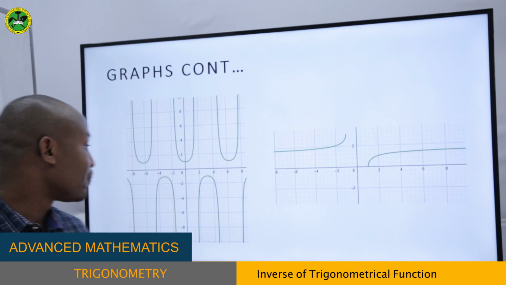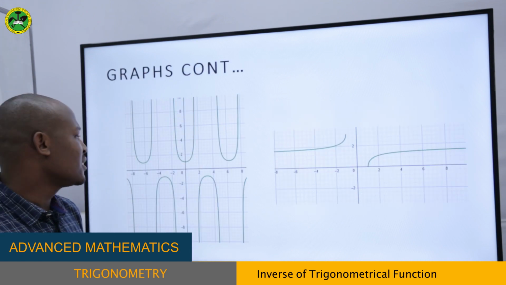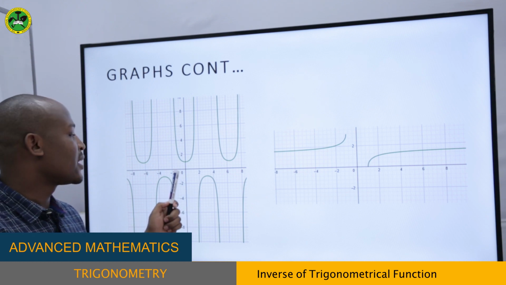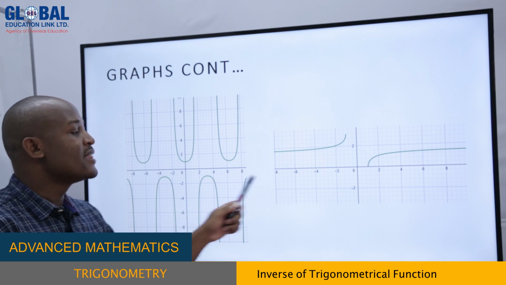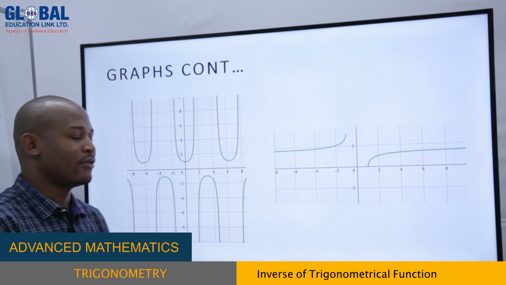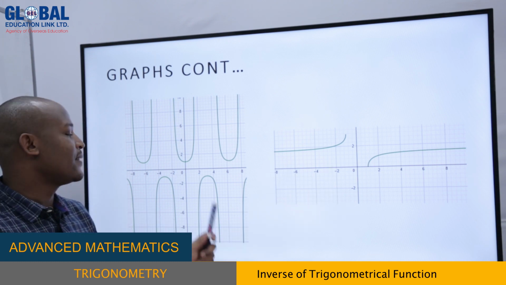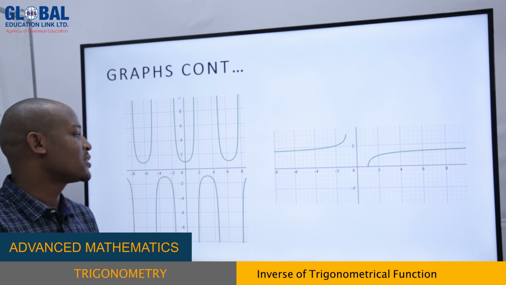Let's see another example. We have the graph of sec. It looks like this. That means it's the reciprocal of cos. And this is the graph of the inverse of sec. If this was sec x, then this is the graph of sec inverse of x.